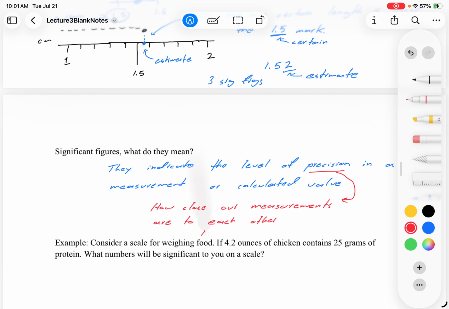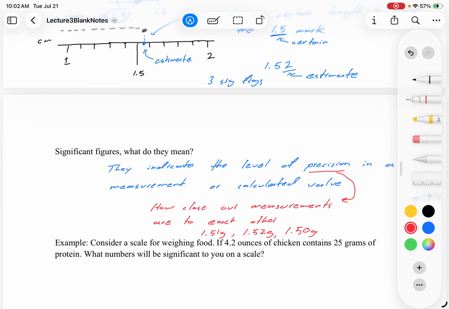An example would be 1.51 grams, 1.52 grams, 1.50 grams. If you keep getting measurements around those values, you can say you are precise. Your device is calibrated correctly, and you are precise in your measurements. So it's basically how close these values are to each other.